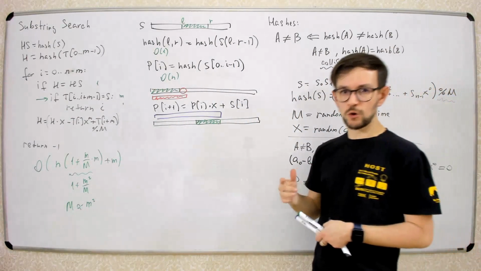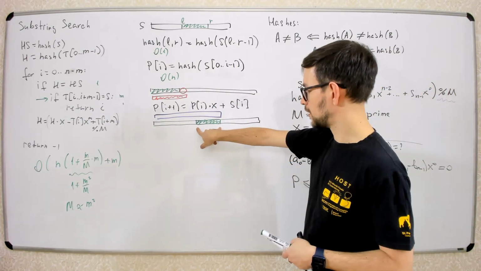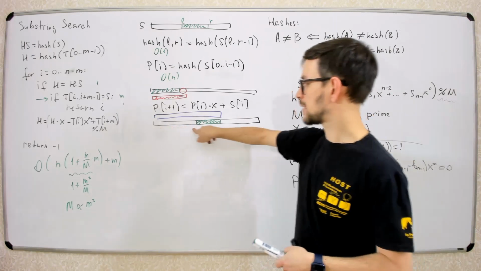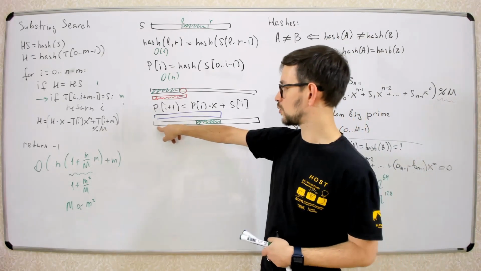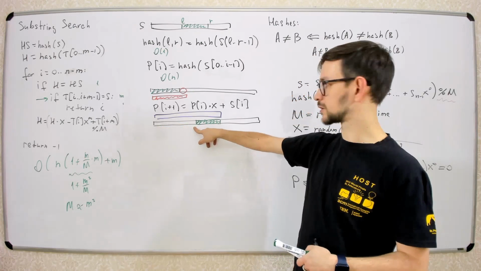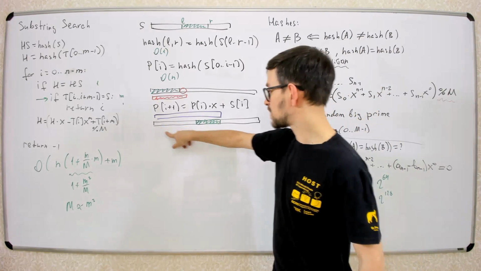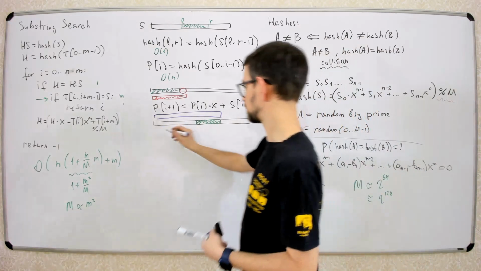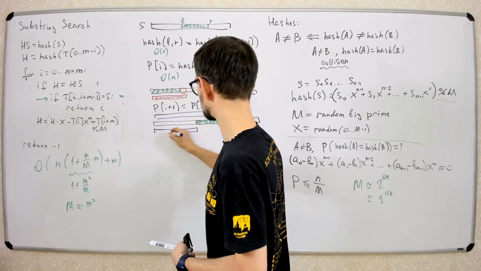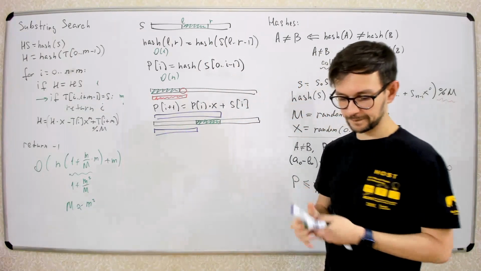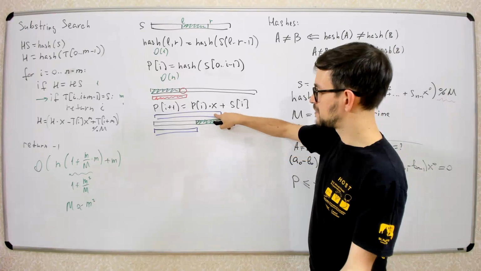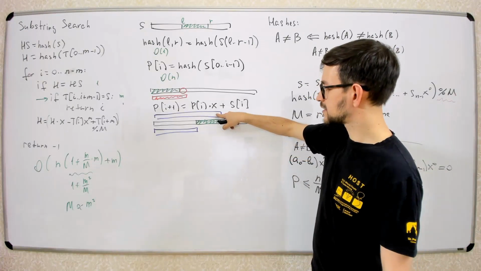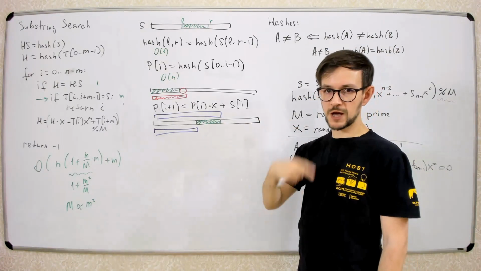This polynomial has all the coefficients we need, but it also has some extra coefficients. So we need to eliminate this part of the polynomial, but this part is basically this hash. So we take this big polynomial and subtract this small polynomial multiplied by some power of x.